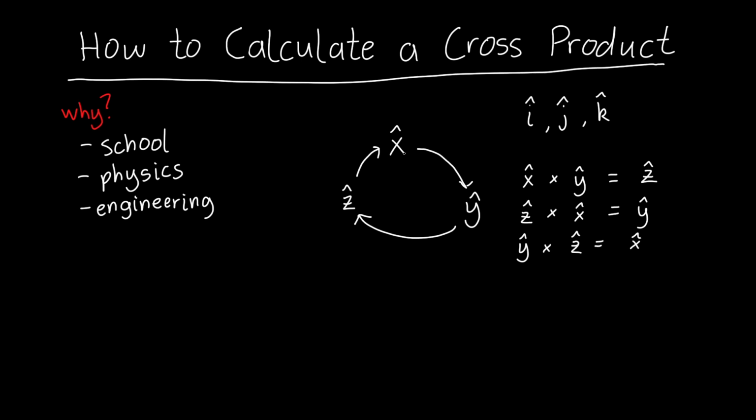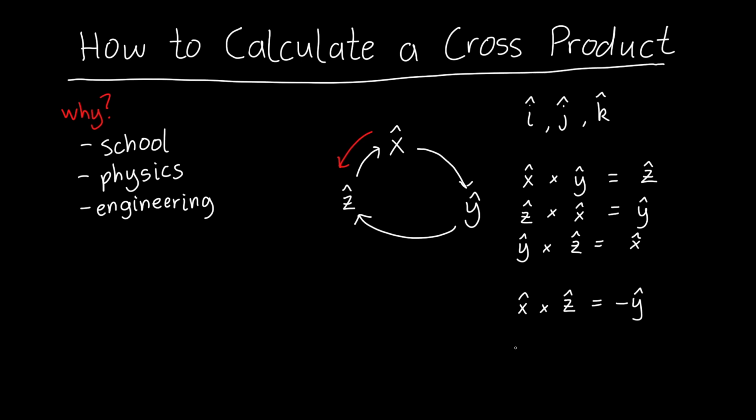Now, this diagram has a direction. So what if we go the other direction? What if we oppose the flow that we've created here? Well, if we take, for example, x hat crossed with z hat, so we're going now in the opposite direction, then this is equal to negative y hat.